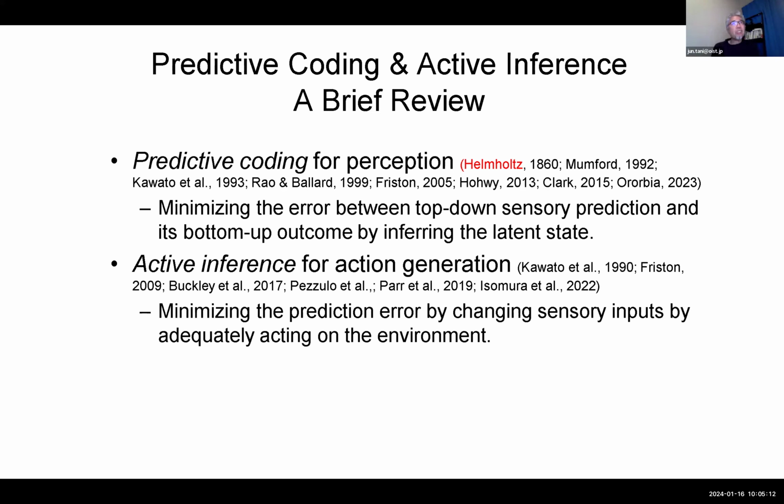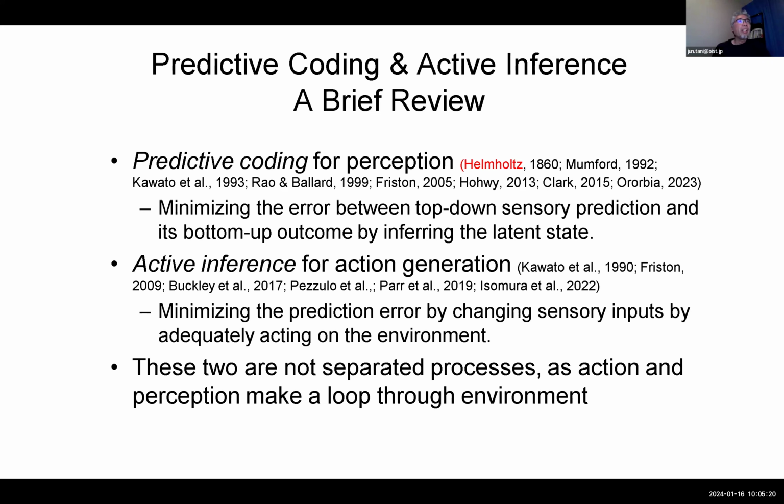Through the action, sensation changes, and then prediction error is minimized. The important thing is that these two are not separate processes, as action and perception make a loop through the environment. Okay.